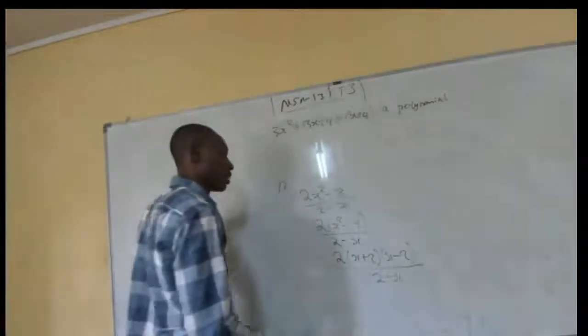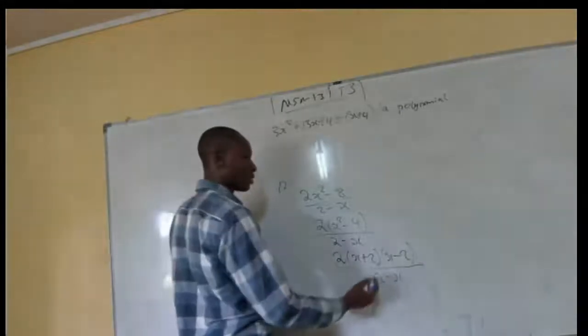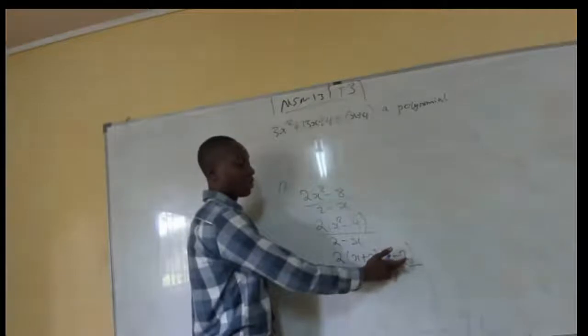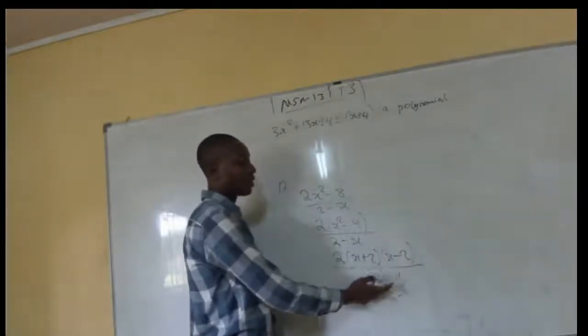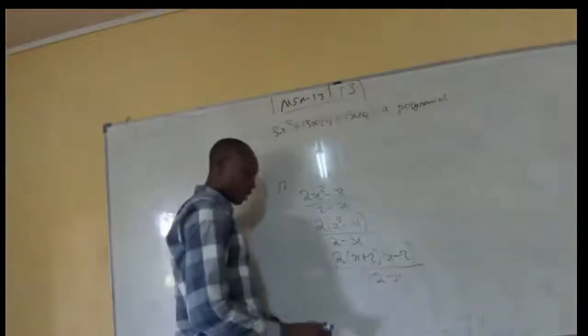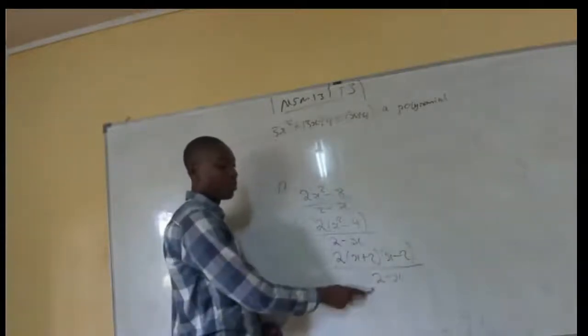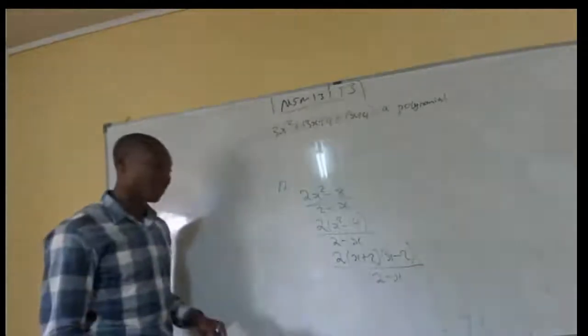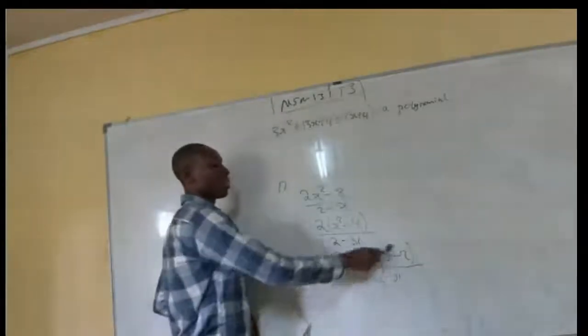From here, the next thing is, if you look at this, there's a difference. x minus 2 and 2 minus x are different. Here the x is positive and the 2 is negative; there the 2 is positive and the x is negative. In order for us to cancel, we need to make sure that this one looks the same.